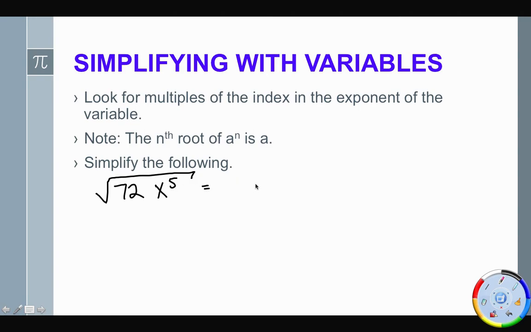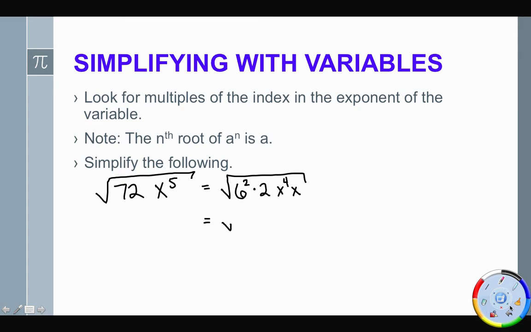Again, we're looking for square numbers inside of these two numbers themselves. 72 is 6 squared times 2. 72 is 36 times 2. I'm going to write that as 6 squared, though. And if we were to write x to the fifth as some power of 2, I could write it as x to the fourth times x.